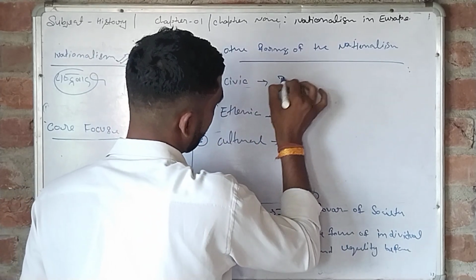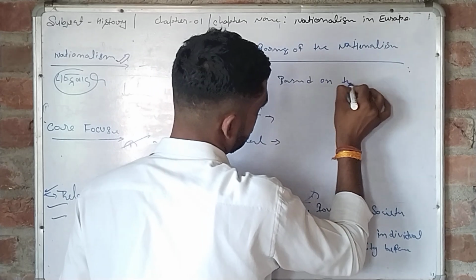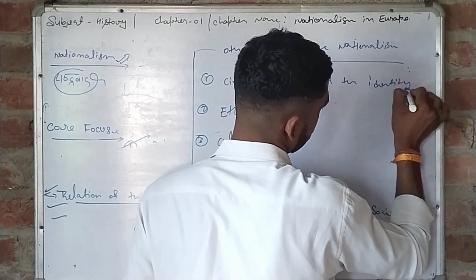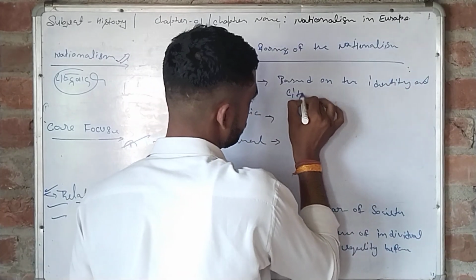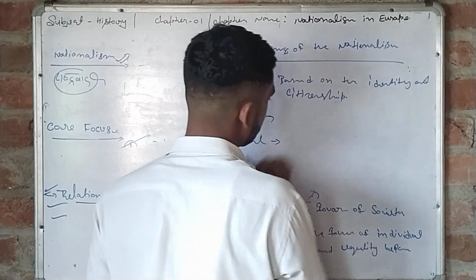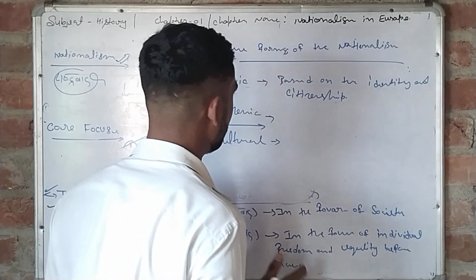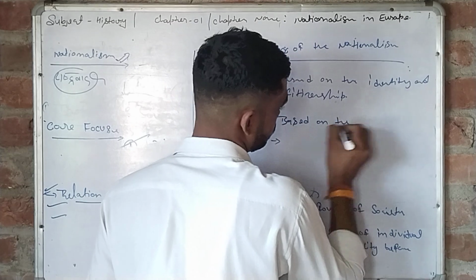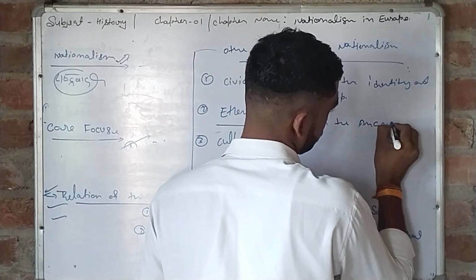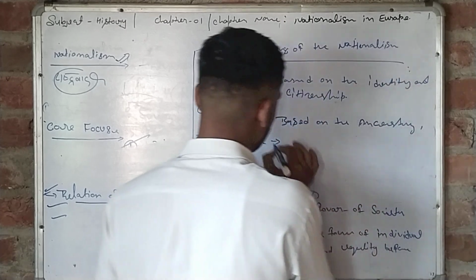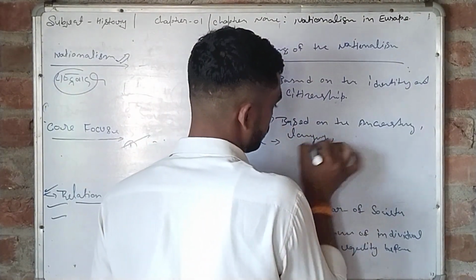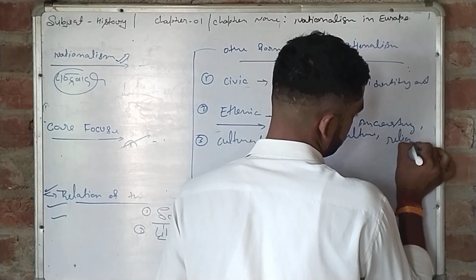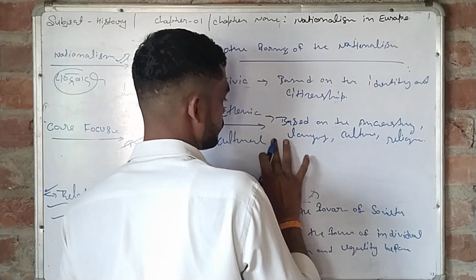Civic is based on identity and citizenship, and ethnic is based on ancestry, language, culture, religion, territory.